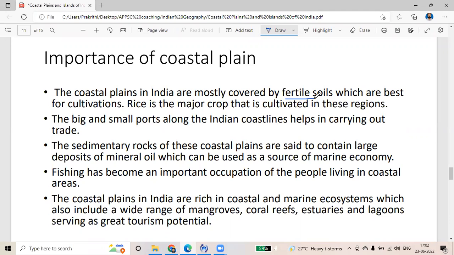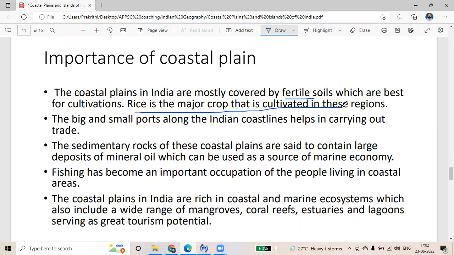So the coastal plains of India have very fertile soil and are very much suitable for cultivation. Rice is the major crop cultivated. You can see a lot of marshy areas, so rice grows in these areas. Rice is the most important crop cultivated in these regions.